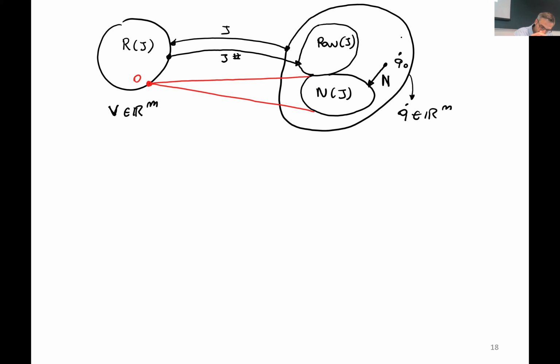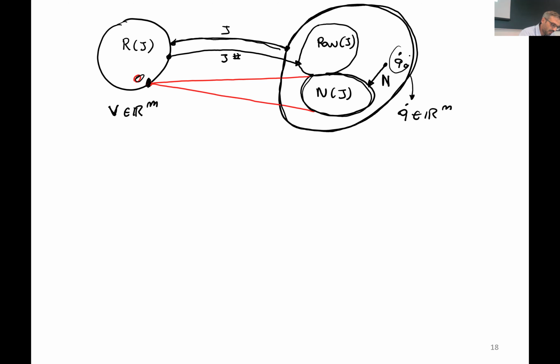And in essence, what it represents is that the domain of Q dot is mapped into the range space of J, where that is part of a codomain. And in this case, let's say it is coincident with the codomain. And we have the null space part that is mapped into zero velocity.